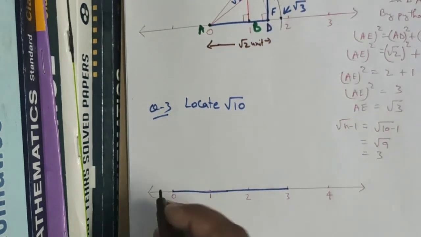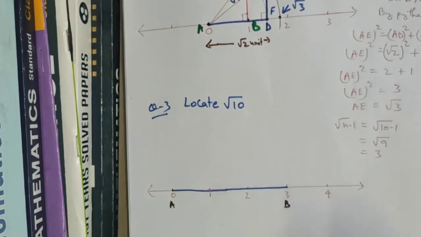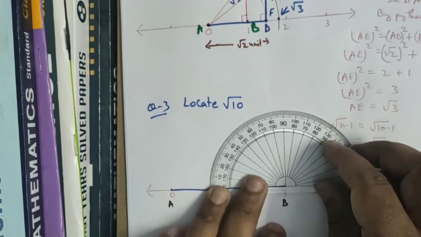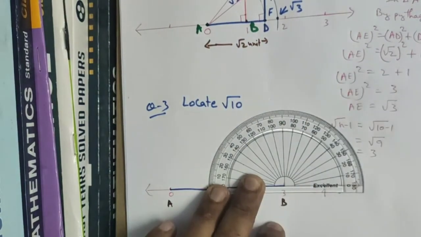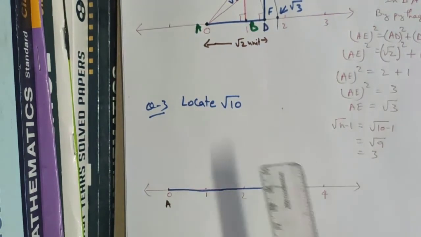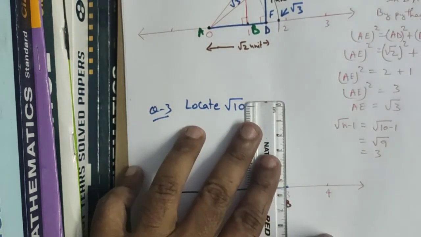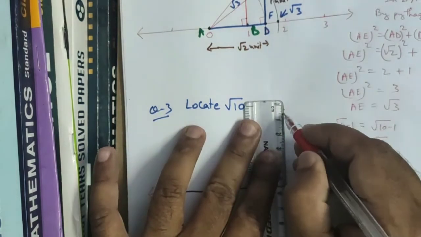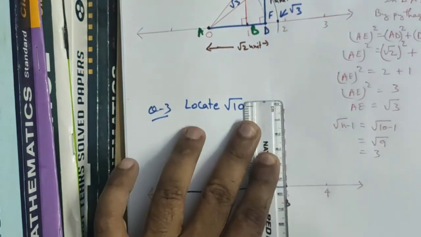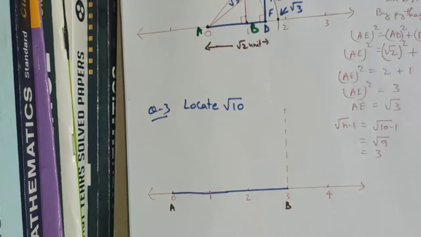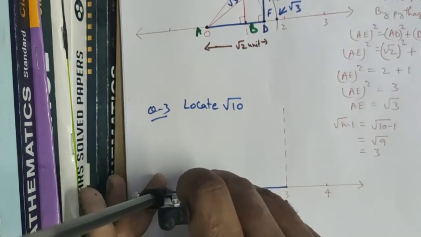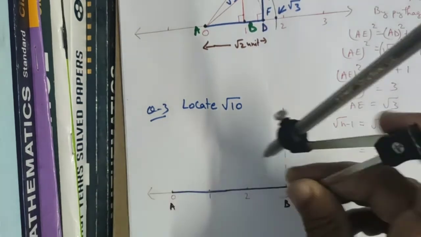We'll name these points as A and B. At B we will draw a perpendicular with the help of ruler and we have to take the measurement equal to 1 unit. So this 1 unit we have taken.